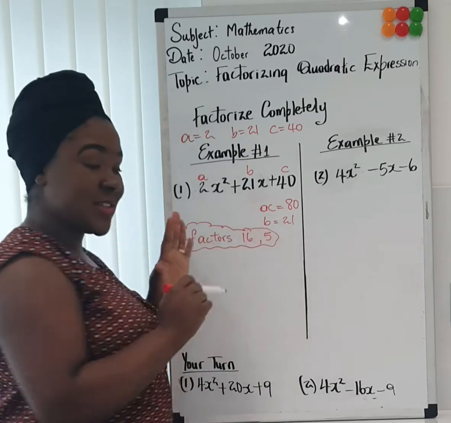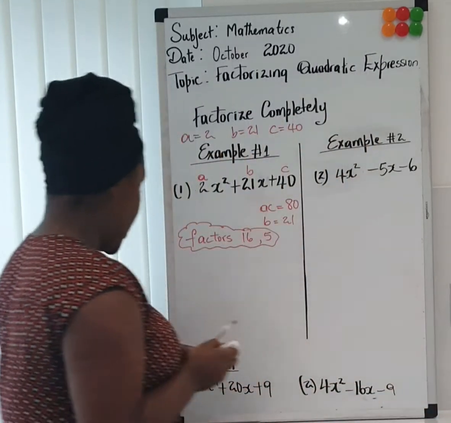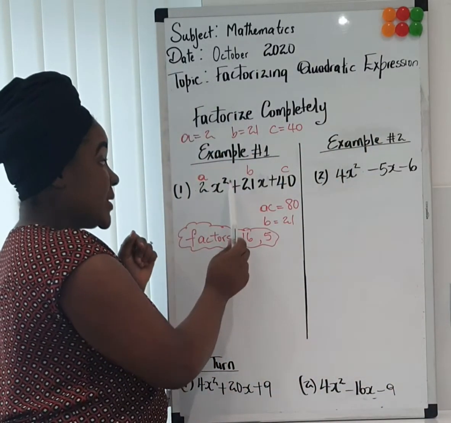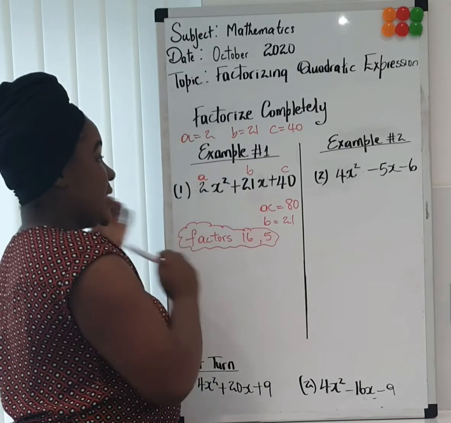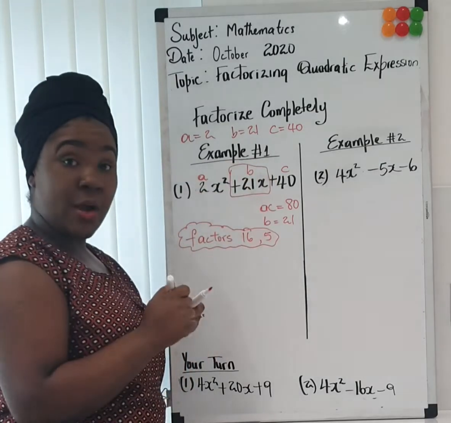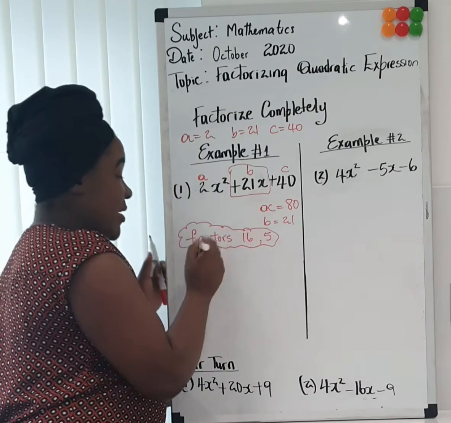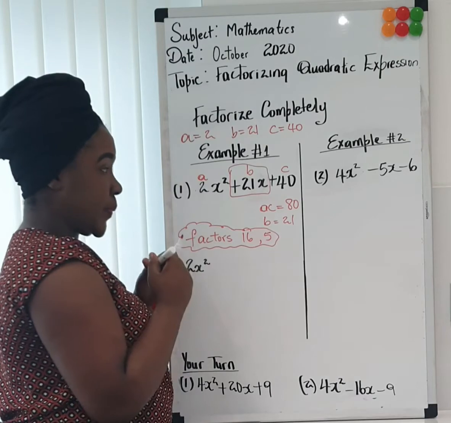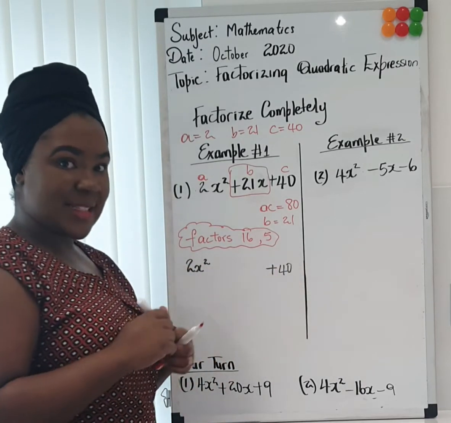So we have our factors. The next thing we're going to do is replace the B term with these two factors. Right here where we have B, we take that out and replace it with these two factors. Our first term remains the same, that's 2x squared. Our last term remains the same, untouched, that's 40.